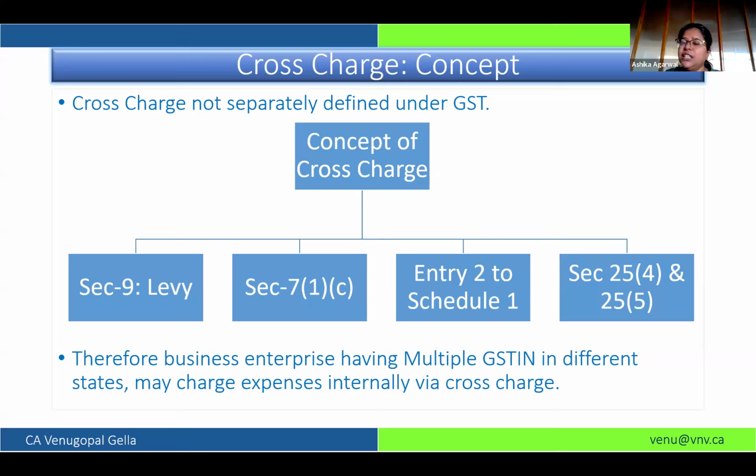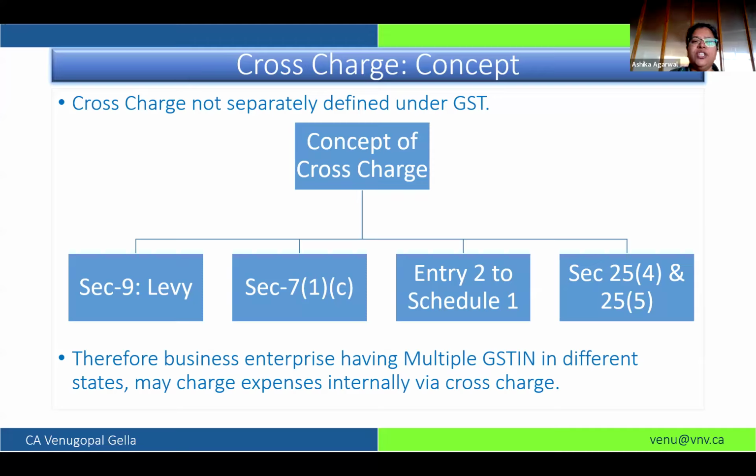But there are a few internally generated services or supplies which are made by one GSTN to another GSTN. Classic example is branch transfer, stock transfer, or support service provided by, like in many of the software industry, there have been cases where they have sales offices in different states and multiple places, and those sales offices are only their support service.